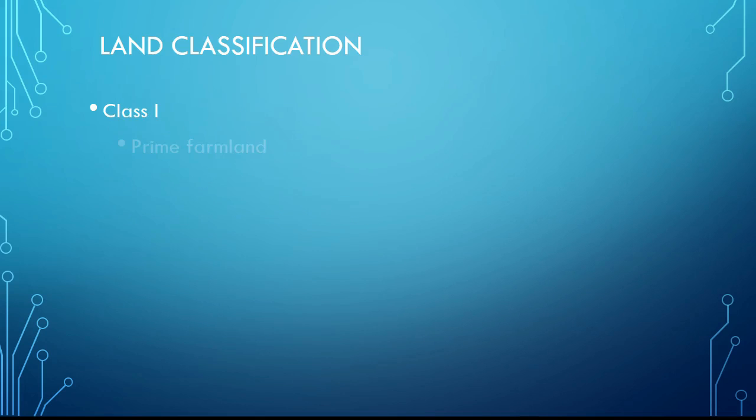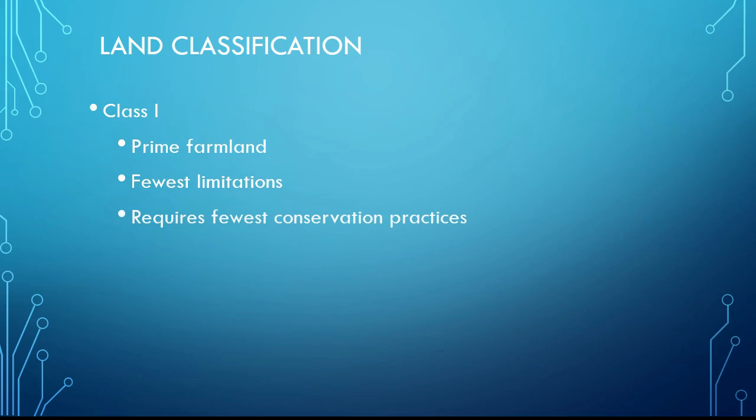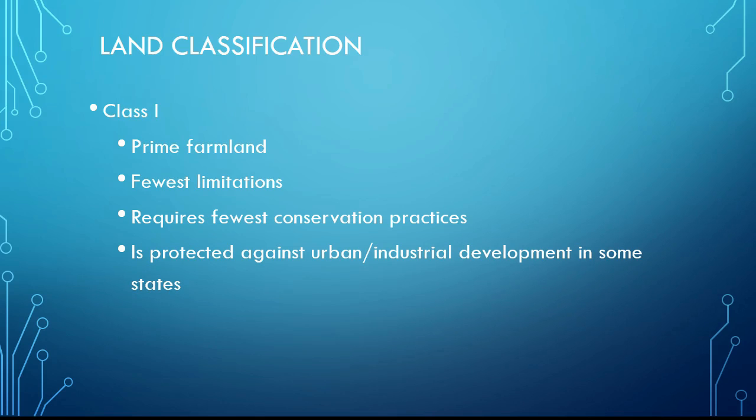If we start with Class 1, that is the prime farmland, the best land that has the fewest limitations for its use. It requires the fewest special management practices. And in many states, it's protected against urban and industrial development. In other words, they want to keep that land in agriculture rather than allowing it to go into some other use.